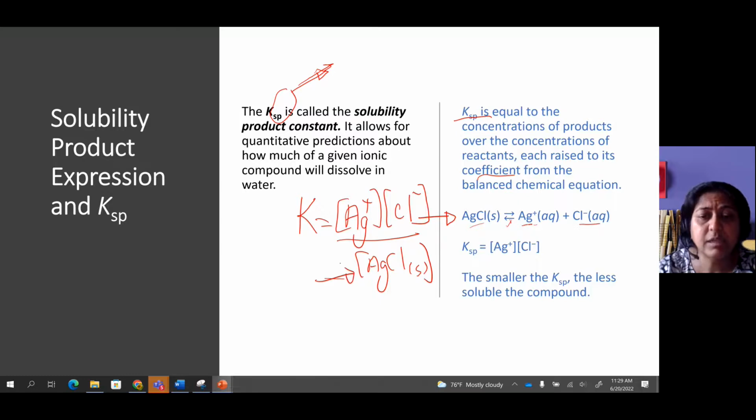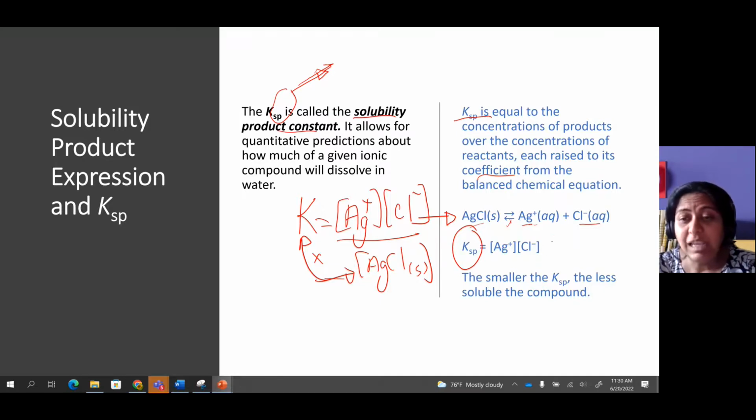Since this is a solid, we know that the concentration of the solid is a constant. Therefore, we can apply a modified equilibrium constant, which is known as the solubility product constant.